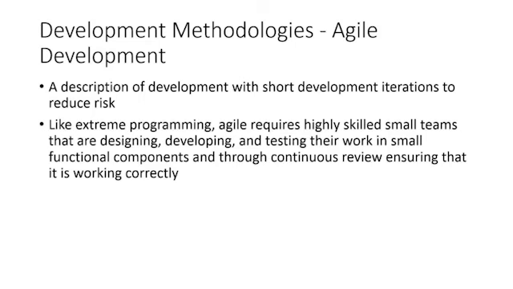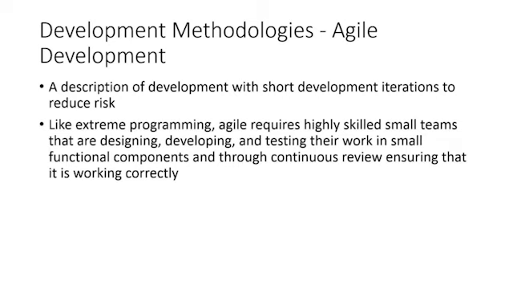And then we also have something called agile development. This has a description of development with short development iterations. This is supposed to help reduce risk. So like extreme programming, Agile requires highly skilled, small teams that are going to be designing, developing, and testing their work in small functional components.